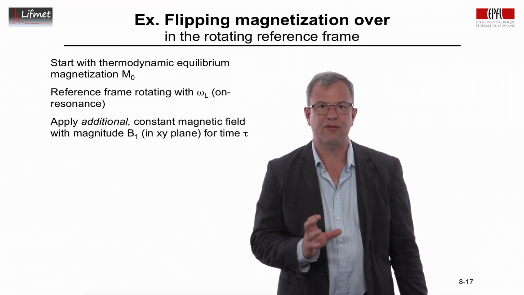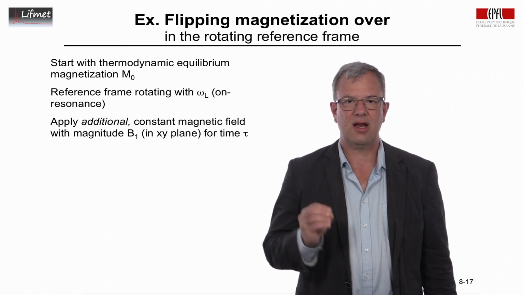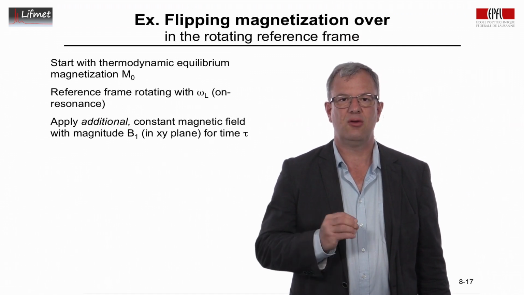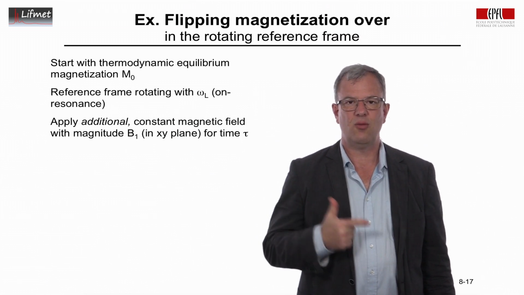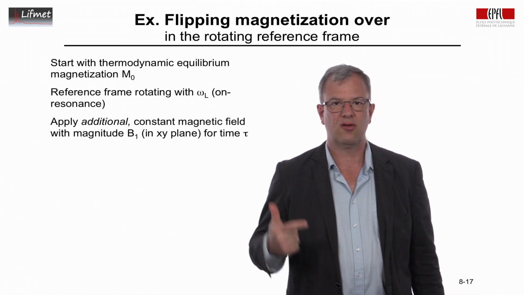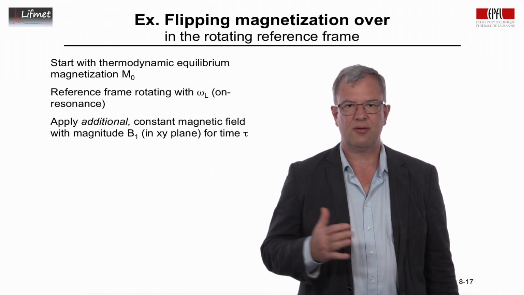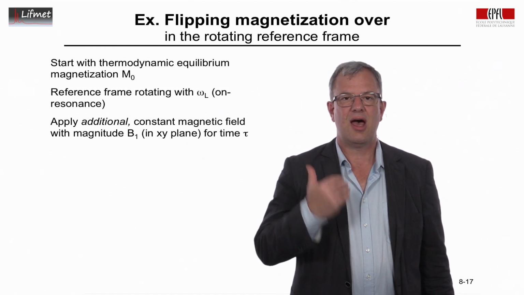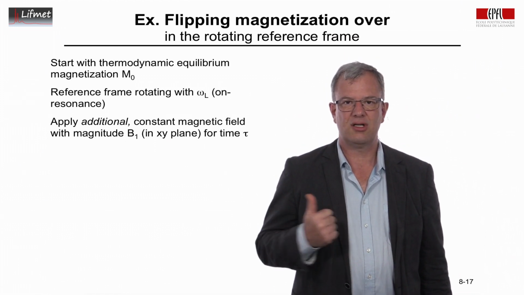Now in this reference frame, we will apply an additional constant magnetic field with magnitude B1. We'll give it the name B1, and it shall be somewhere in the transverse plane, along X or Y. It doesn't matter whether it's along X or Y for the purpose of this discussion, and we'll apply this additional magnetic field B1 for a time tau.